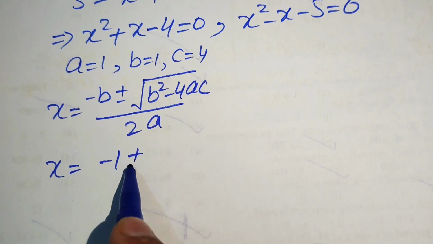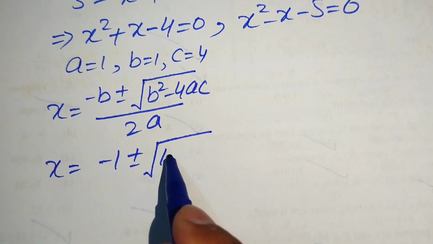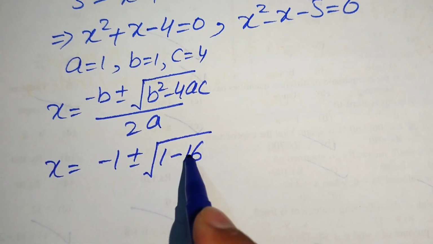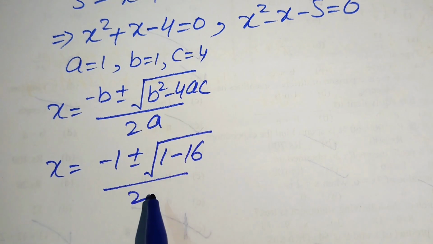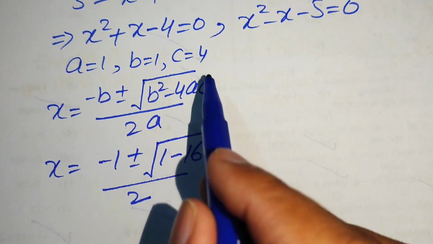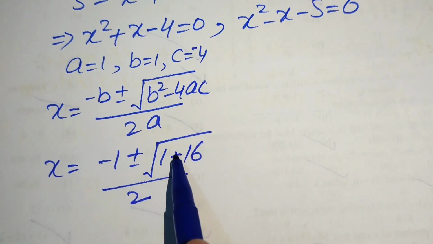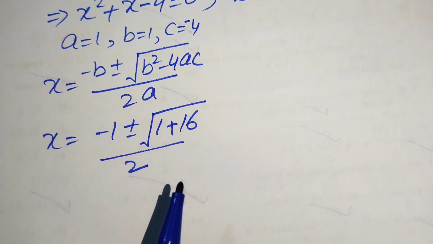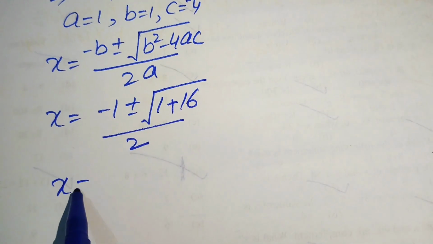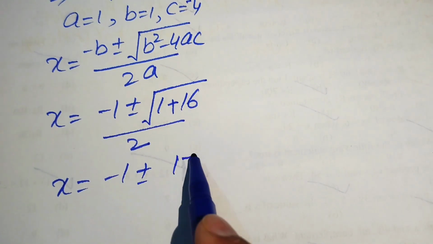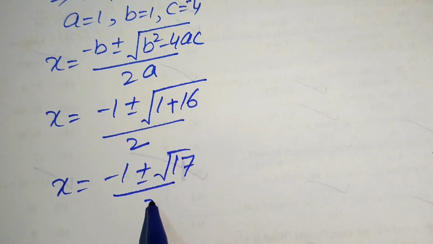It is written as −1 ± square root of 1 − 16, divided by 2 times 1. Sorry, here you have c as minus 4, so this will become plus 16. Okay, so x equals −1 ± square root of 17, divided by 2.